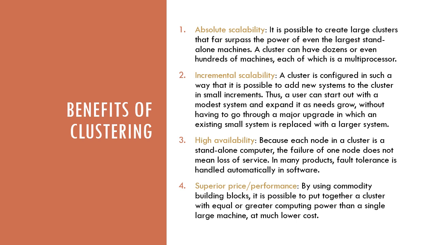Superior price or performance. By using commodity building blocks, it is possible to put together a cluster with equal or greater computing power than a single large machine at much lower cost. If you look at the architecture of supercomputers, their RAMs, their motherboards, and their processors are fabricated for them.